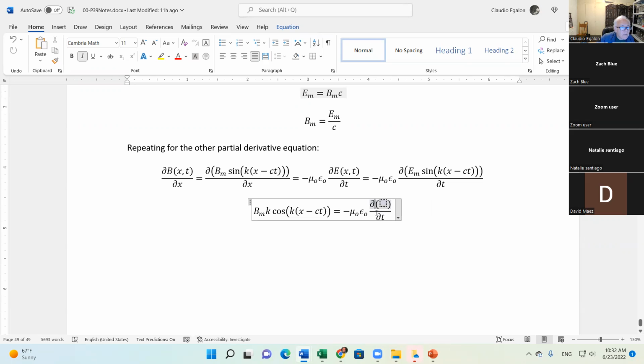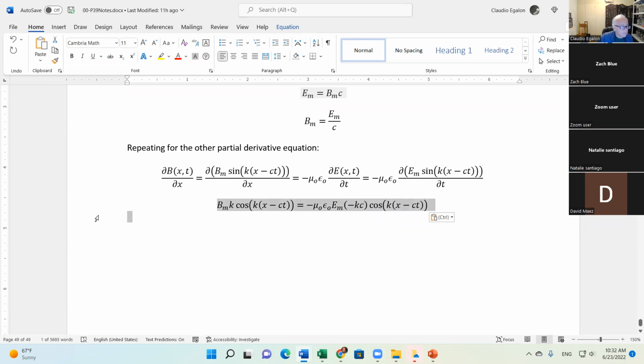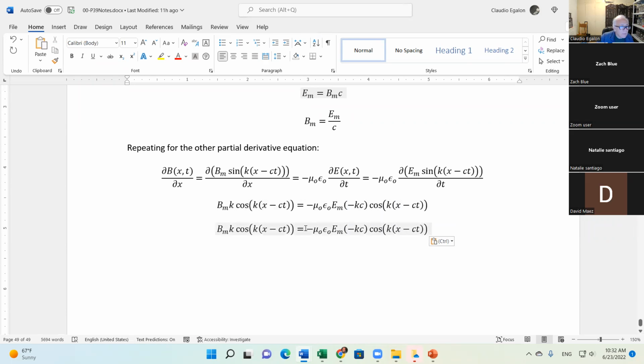Are we going to get the same thing? Let's see here if we get the same thing or not. Negative cancels out with negative. k cancels out with k. Cosine cancels out with cosine.